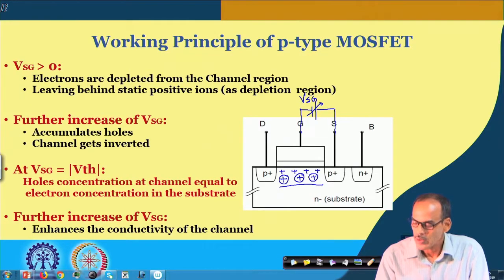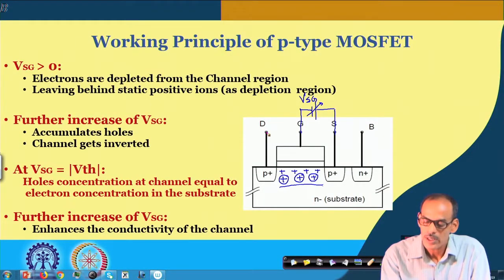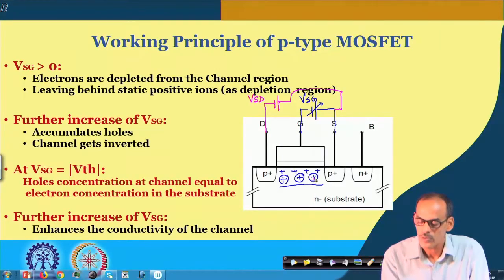Now, if we apply a negative voltage at the drain with respect to the source, then the holes start moving in this direction. As a result there will be a current flow, and this current flows from source to drain. So, this ISD is flowing from source to drain.